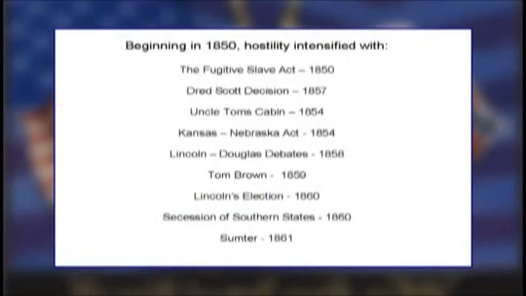Beginning in 1850, tension between the two areas began to increase. The Fugitive Slave Act, up until this point, in fact, up until 1864, the government was pretty much controlled by Southern senators and governors and so on.